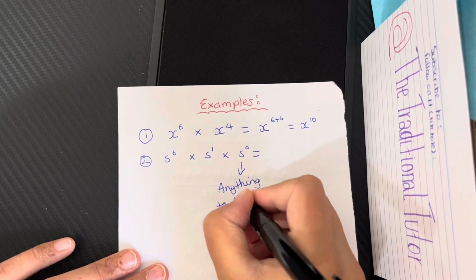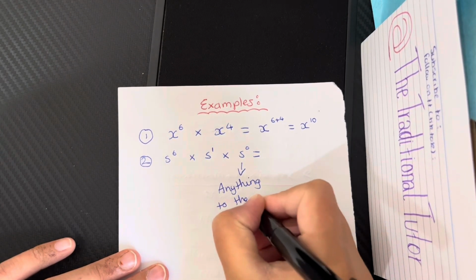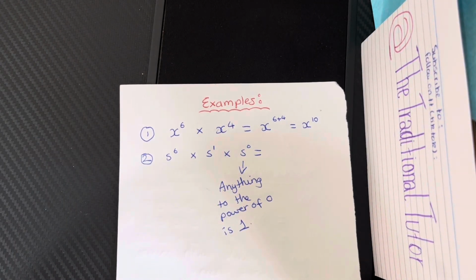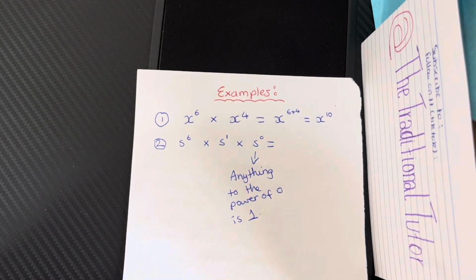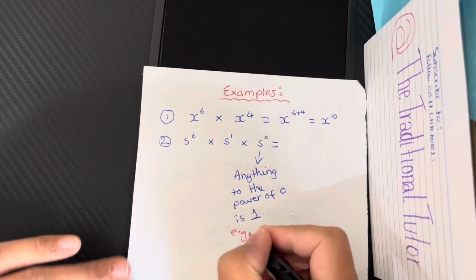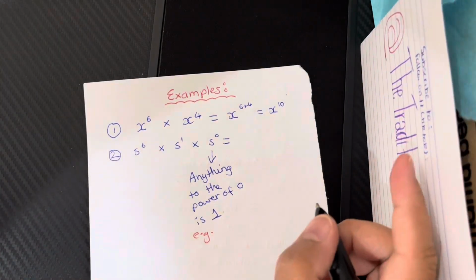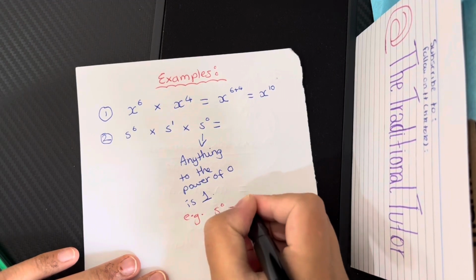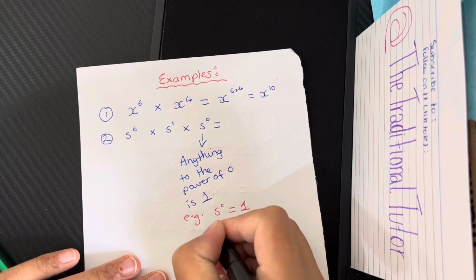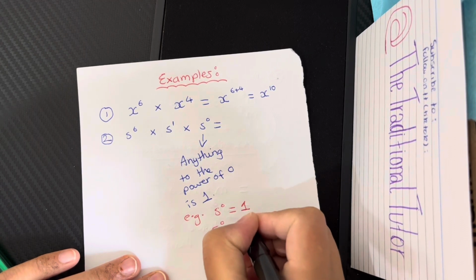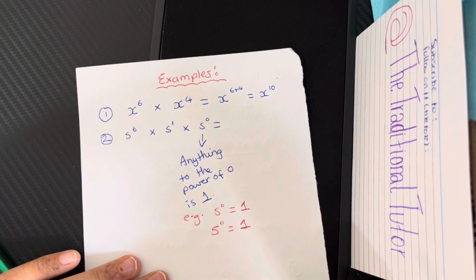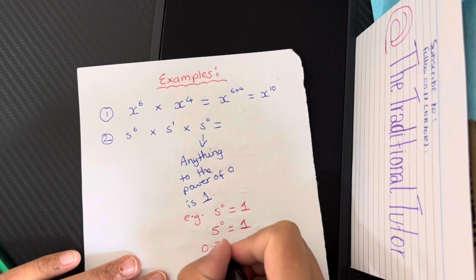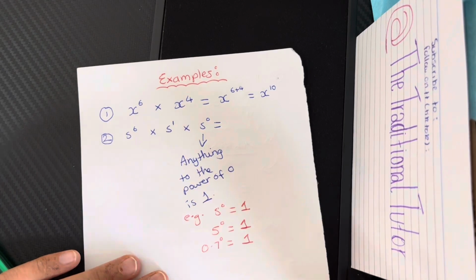Anything to the power of 0 is 1. For example, s to the power of 0 is going to be 1. 5 to the power of 0, even numbers, if they've got power of 0, they'll equal 1. And things like decimal numbers as well, so 0.7 to the power of 0 will also be 1.